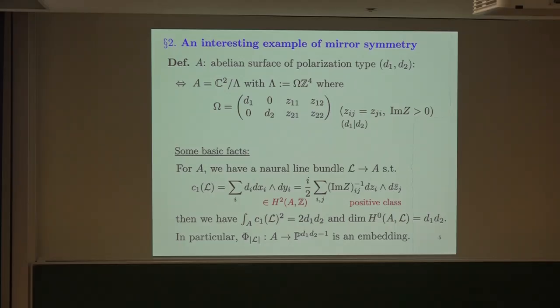Now, the basic fact about these abelian surfaces is that with this period matrix data, I'm not going into details, we can introduce a lot of structure. Topologically the abelian variety here is just a torus, but with the symmetric matrix we can define a natural line bundle over these quotients.